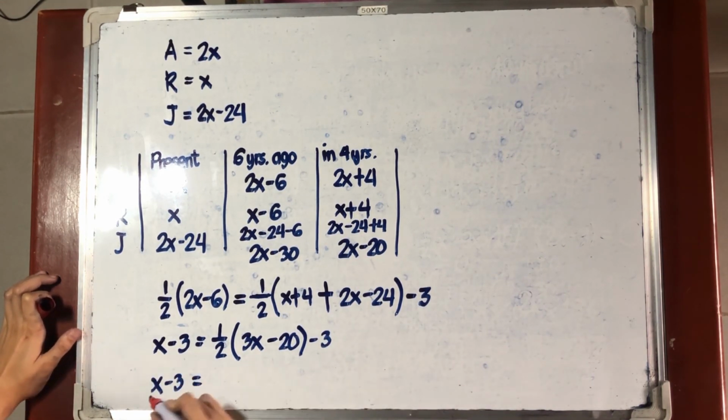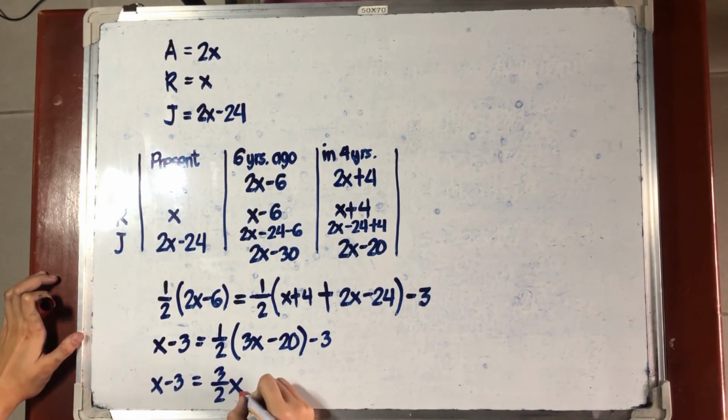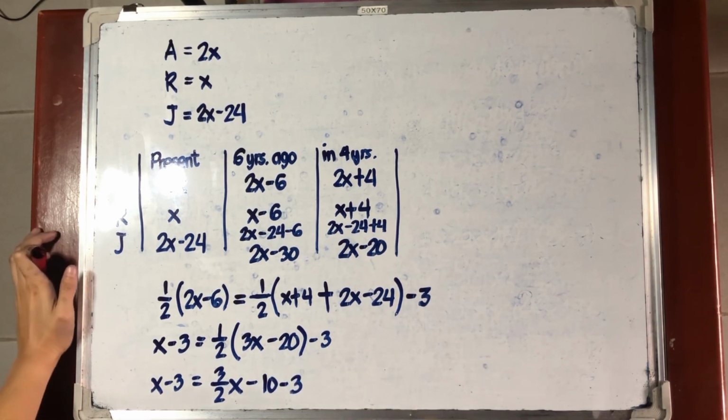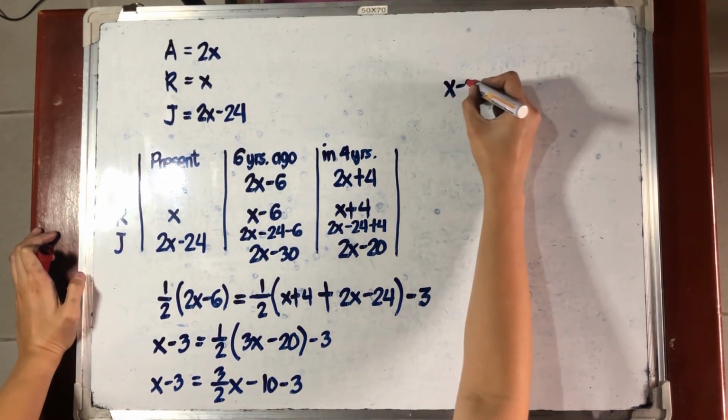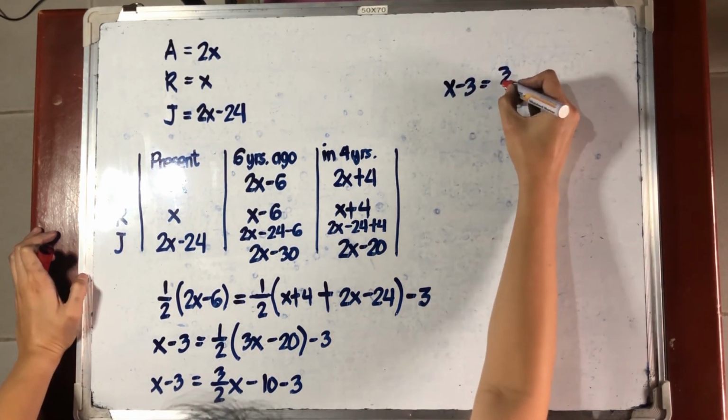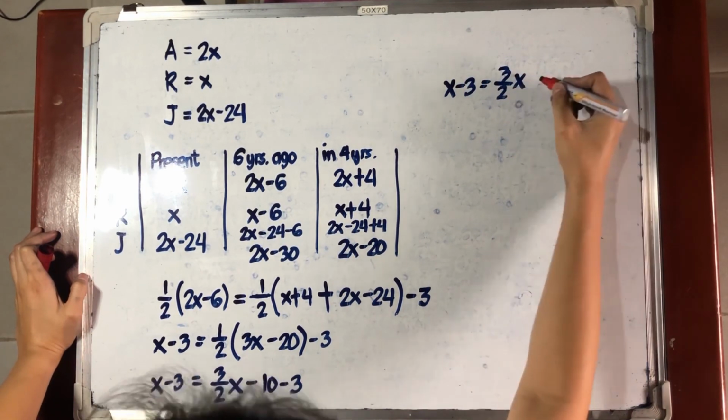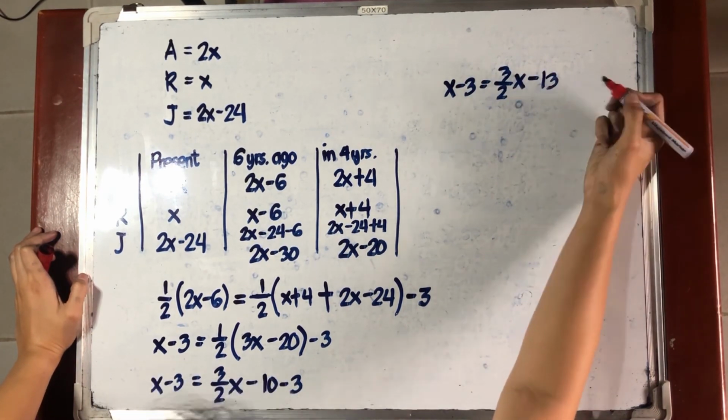Na, X minus 3. This would be 3/2 of X minus negative 20 divided by 2. That's negative 10. And then minus 3 sa labas. So simplifying this further would give us X minus 3 is equal to 3 over 2 X minus 13.